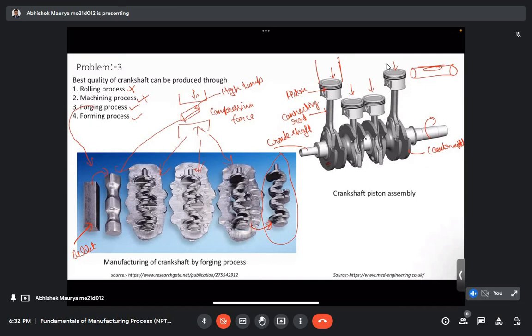So this is a very energy efficient and time efficient process, and here we are doing hot working, and in forging we are applying compressive force.